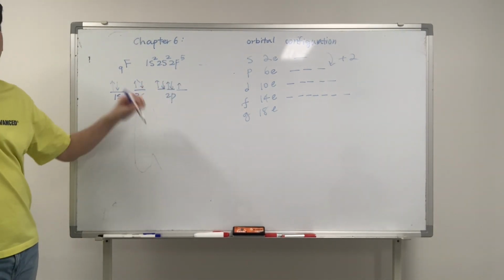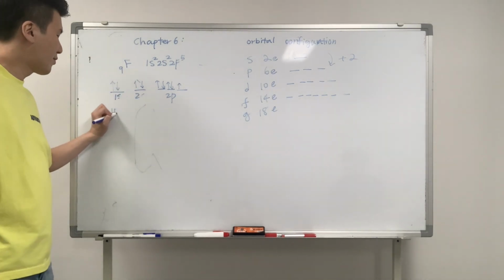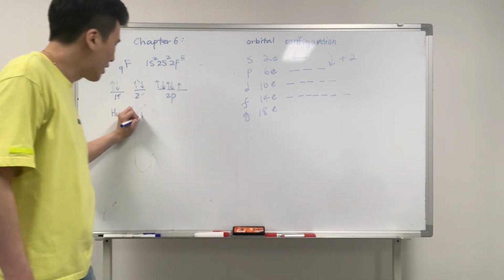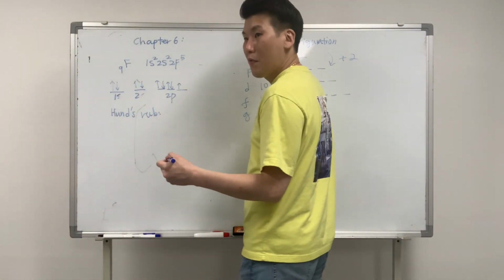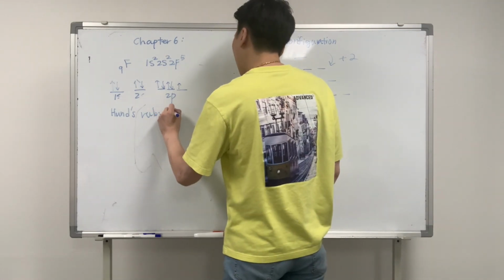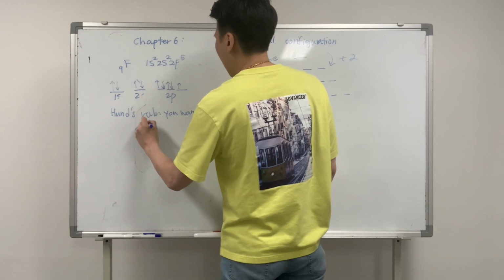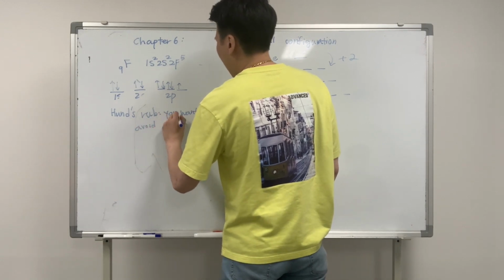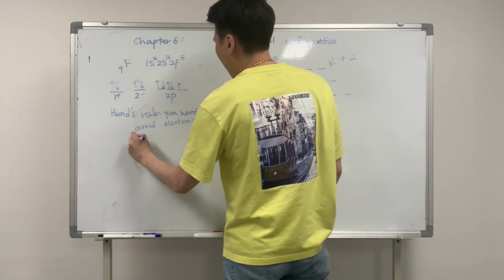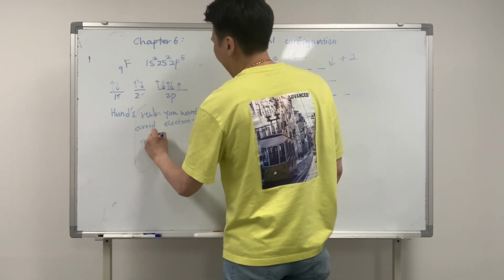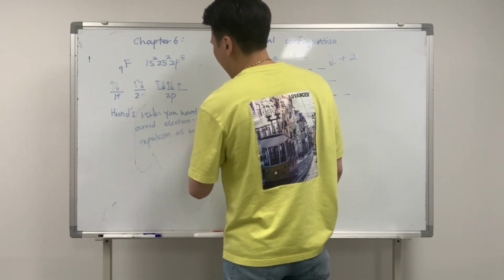What do we call this? Hund's rule. Hund said, when you fill out this orbital configuration, you want to avoid electron repulsion as much as possible.